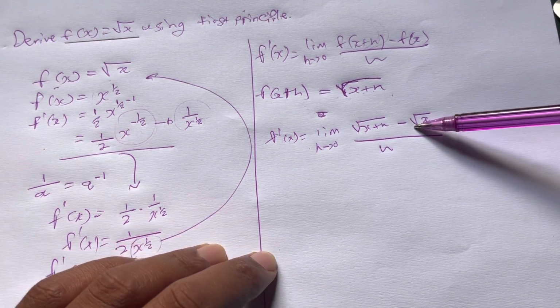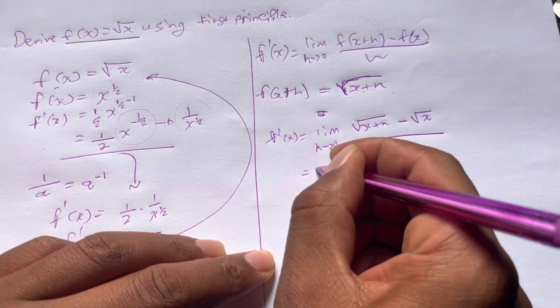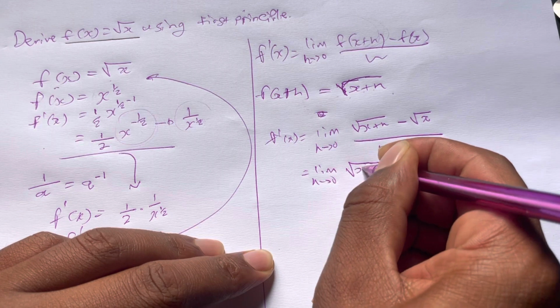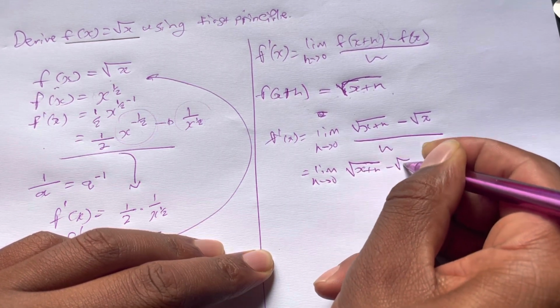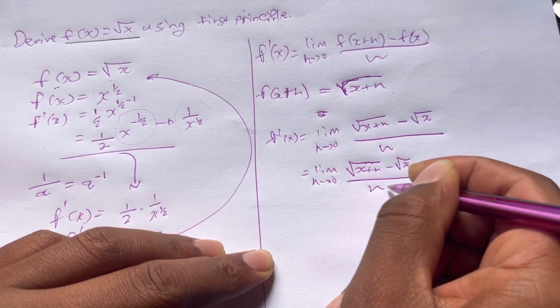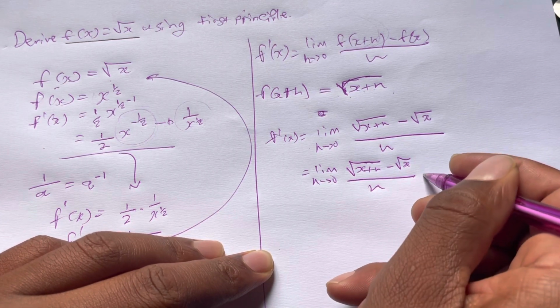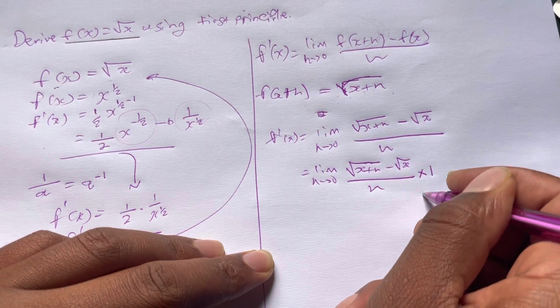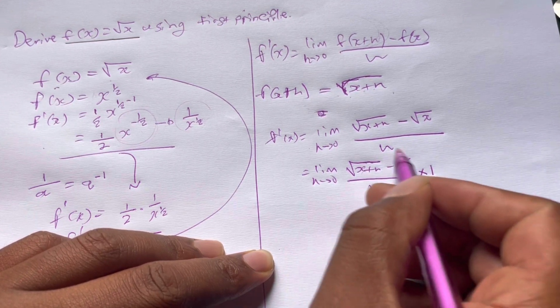So the conjugate of the numerator will be, you say, limit square root of x plus h minus square root of x over h. So you're basically multiplying by 1. But now this one, we take this one to be the conjugate of this.